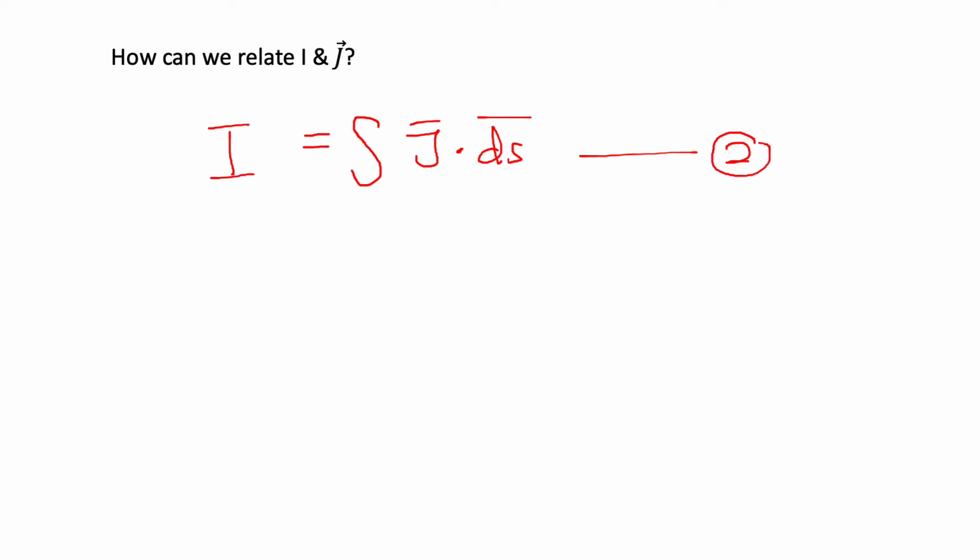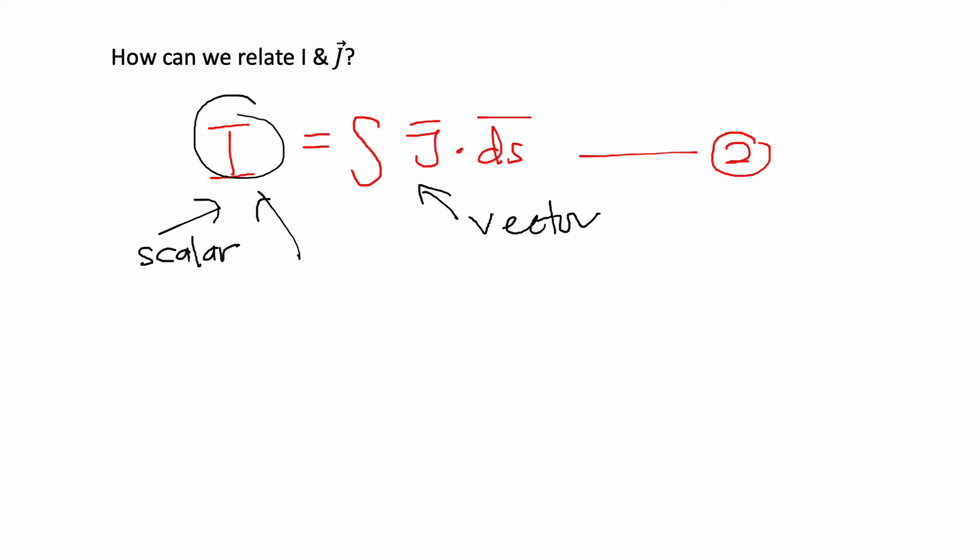And here, you notice that J is a vector while I is a scalar, and this I is a conduction current, where the medium for this current is a conductor.